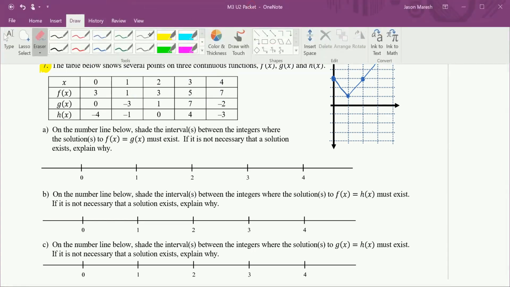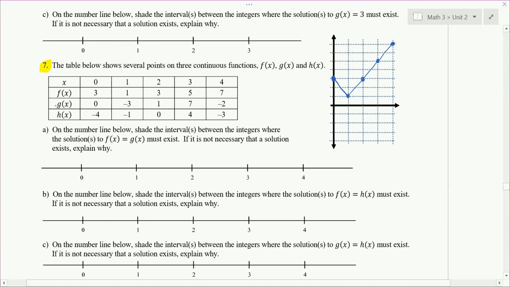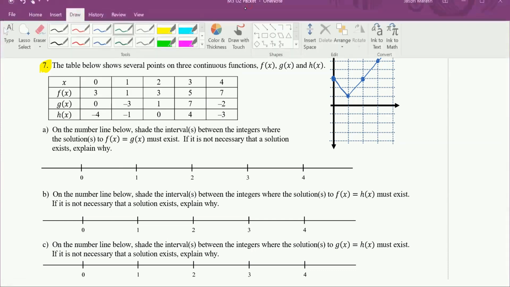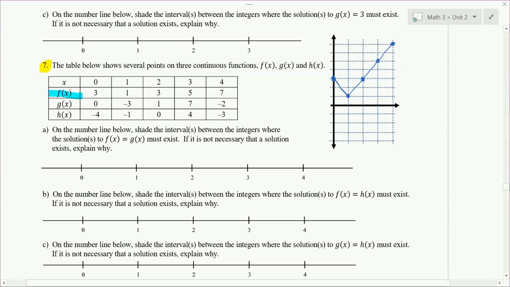Now let's do g of x. I'll switch colors. So f is in blue. G I'll do in green.